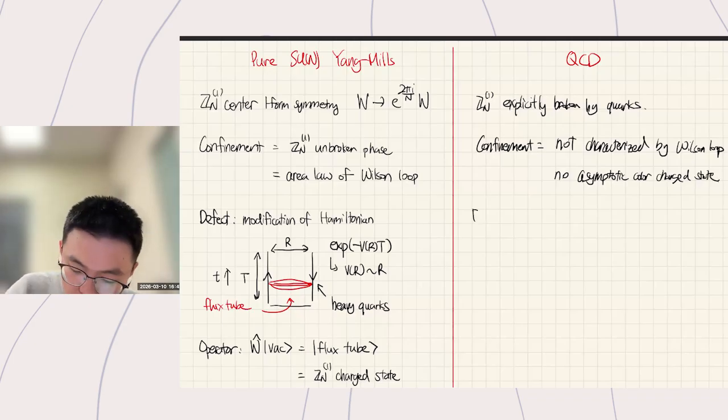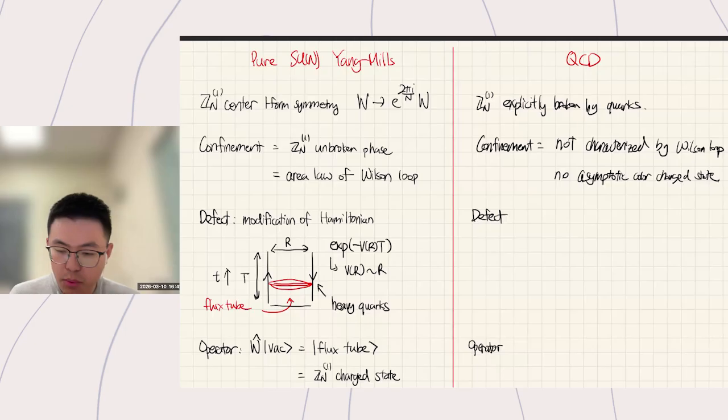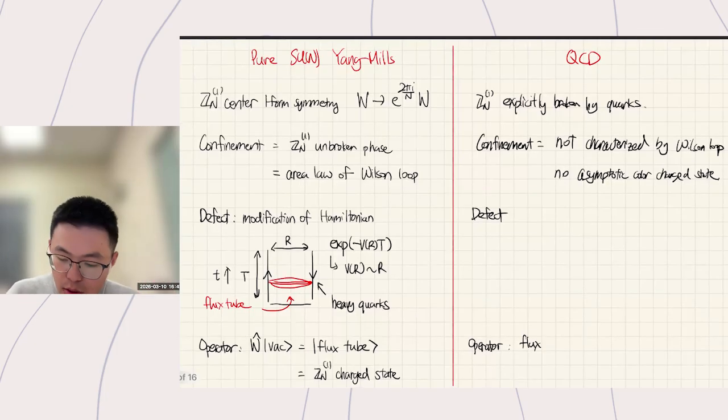Okay, so now let me also discuss the operator and defect perspective of Wilson lines in QCD. In the operator perspective, the first thing to notice is that since there is no Zn one-form symmetry anymore, a flux tube state is not protected by any symmetry reasons. So a flux tube is not stable.